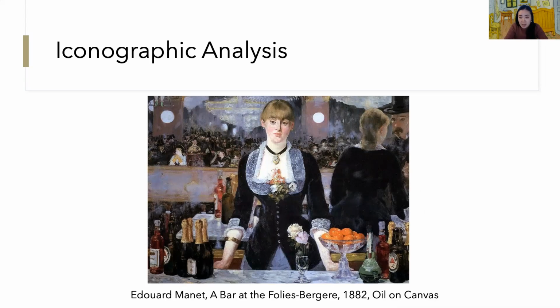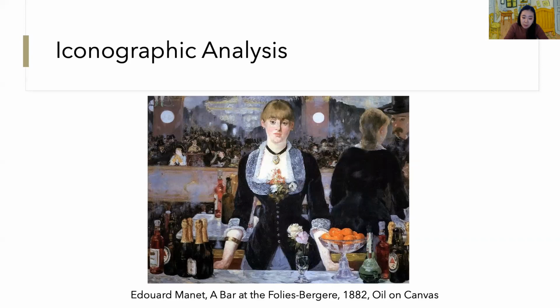The painting is rich in details, which provide clues to social class. The woman at the bar is a real person known as Suzon, who worked at the bar in the early 1880s. For his painting, Manet posed her in his studio, including a dish of oranges in the foreground.